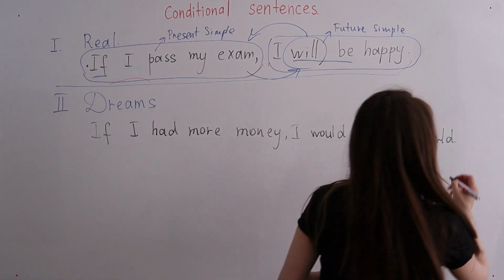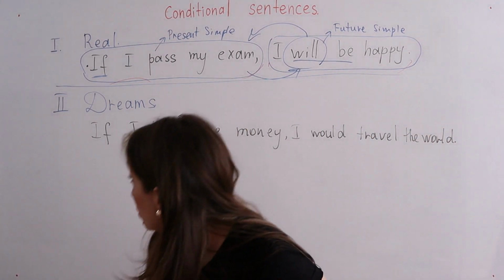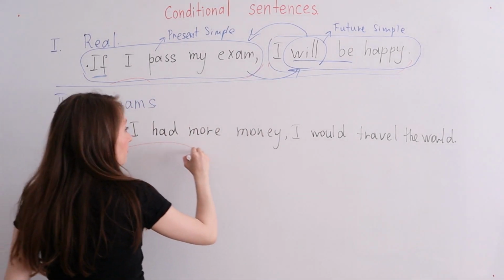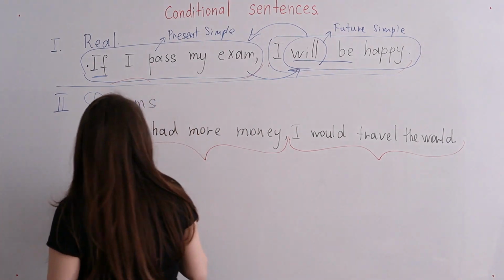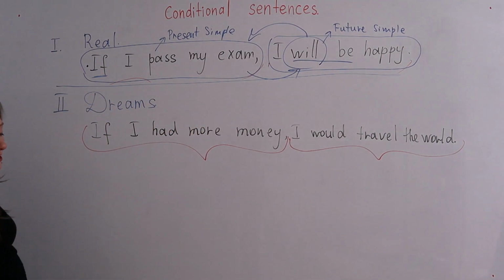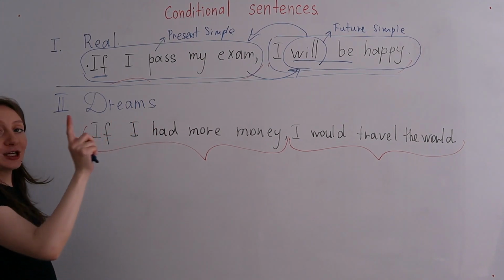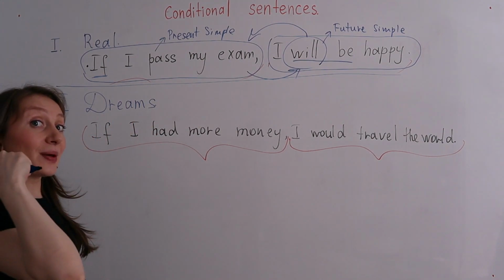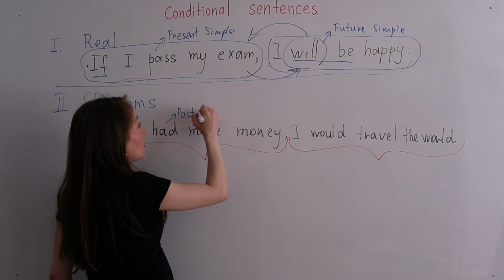So you have here again two clauses. So this one, if, and the main clause. Inside the if sentence, you see the verb had. Do you remember the verb have in the past? Had. So this is past simple.